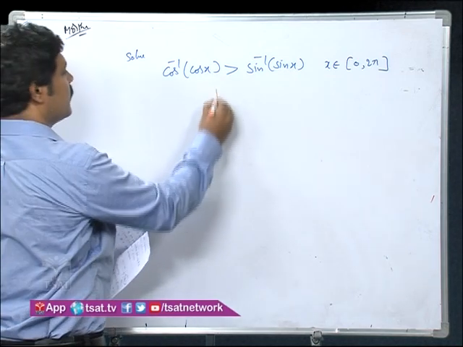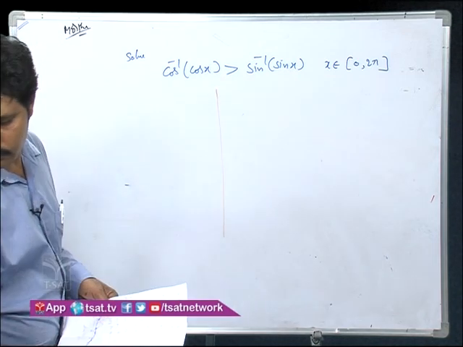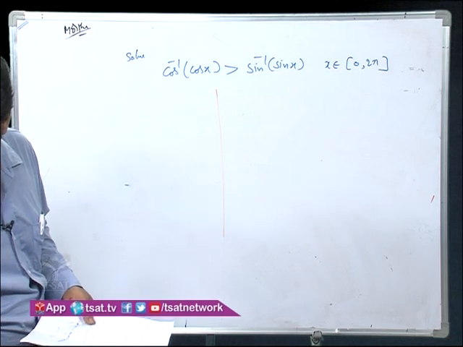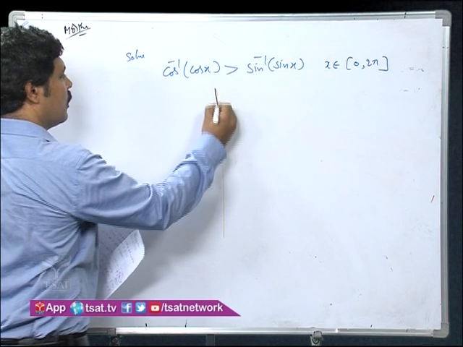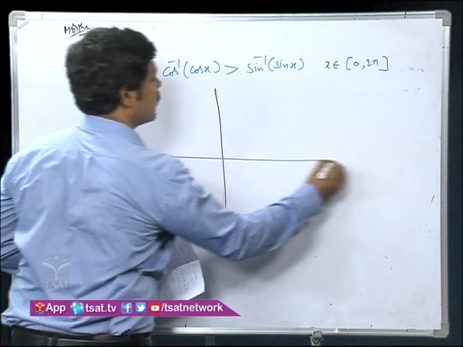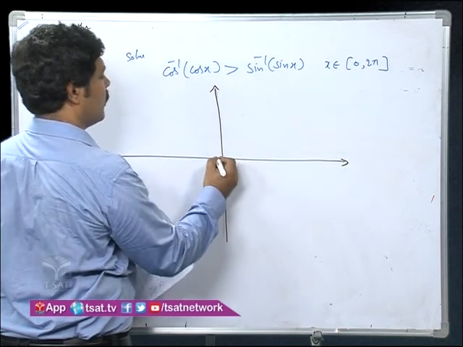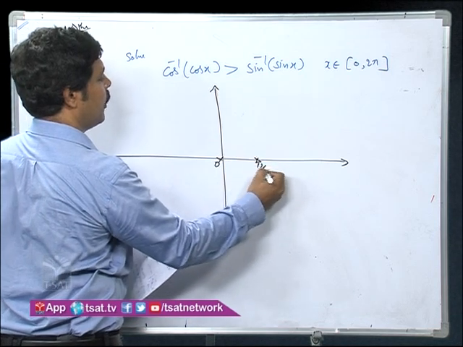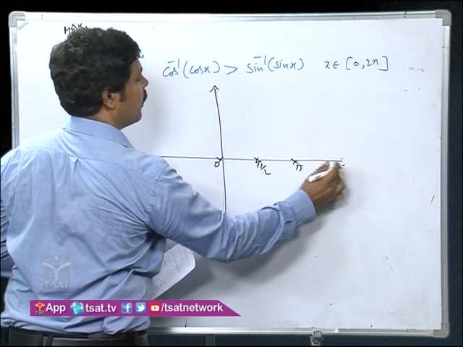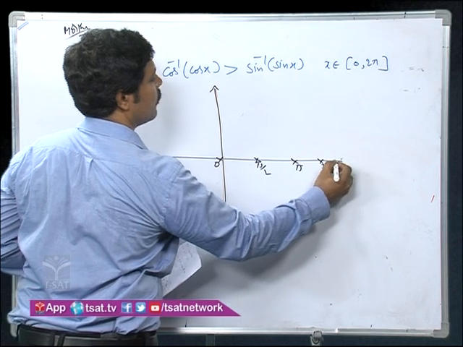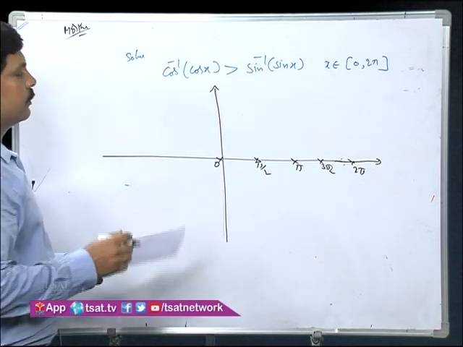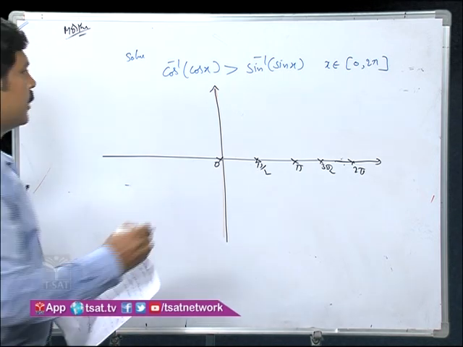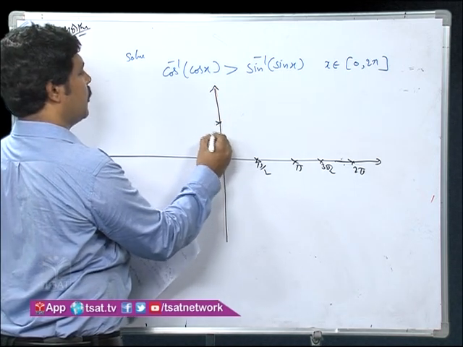First the x axis and y axis. 0, pi by 2, pi, 3 pi by 2, 2 pi. The graph of sin inverse of sin x lies between minus pi by 2 to pi by 2.